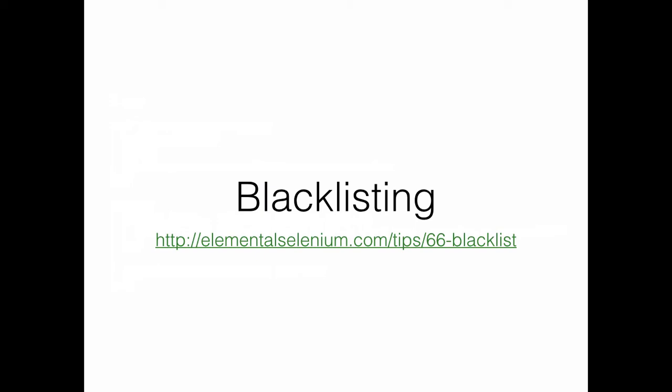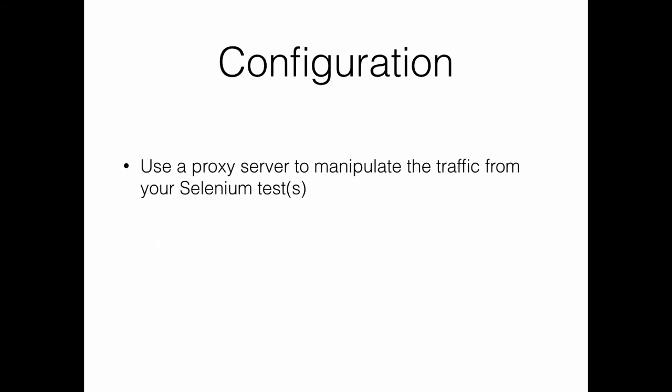So a more useful approach to using a proxy server is actually blacklisting. And blacklisting is really useful because it's a means to make your tests more stable and more controllable. So what it is, you use the proxy server, you don't just capture the traffic, you actually manipulate it for your Selenium tests.